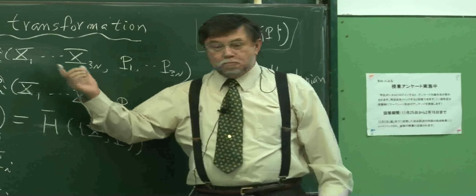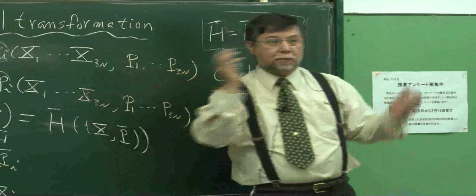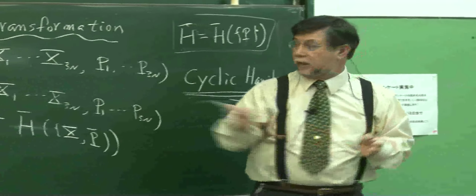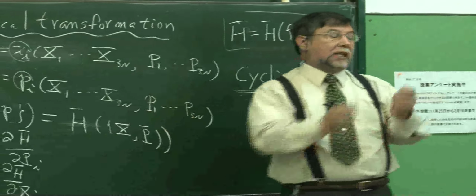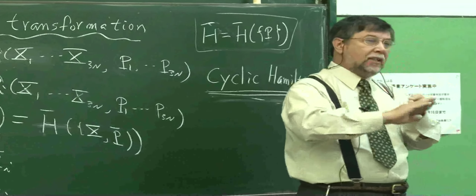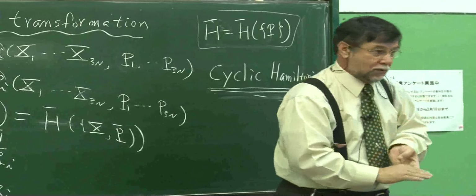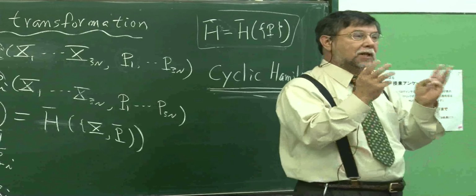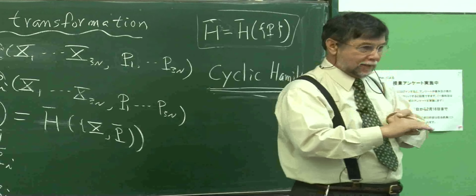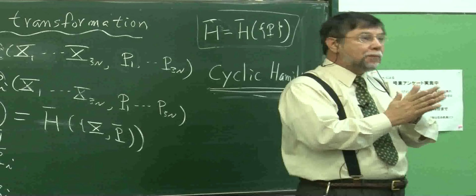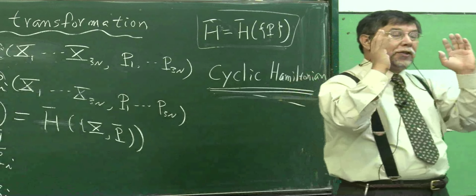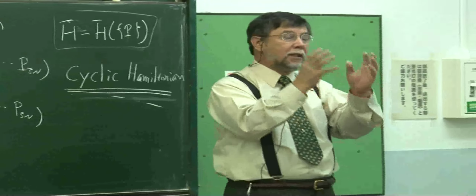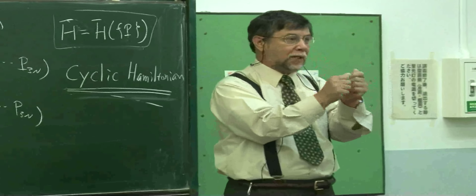You see, this shows, suppose you have n degrees of freedom. Here it is 3n. If you can find 3n independent invariants of motion, you can solve it. But suppose you have 3n degrees of freedom, and you have fewer invariants of motion.